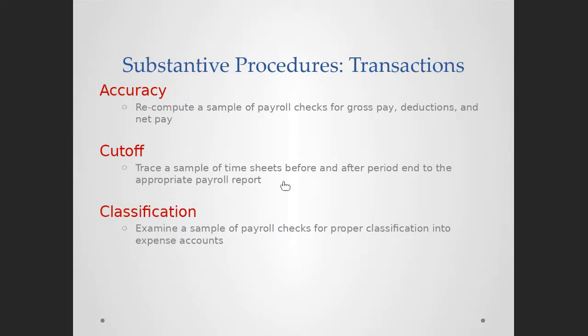So this is easy to do. You don't have to do the whole year. You can just go to December. We don't want to have any expenses from December recorded in January, or anything that is an expense for January recorded in December. So we want the year-end cutoff. Okay, very easy to do. Timesheets, remember, are those documents that show the amount of work done by an employee for that pay period. Is that clear? Are you following?